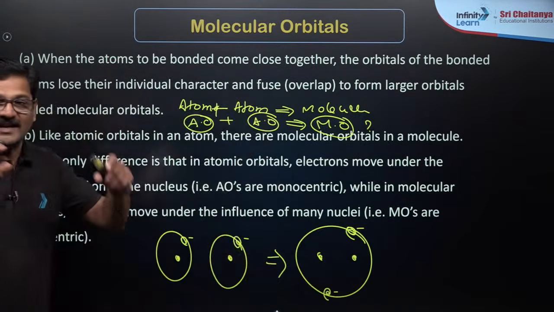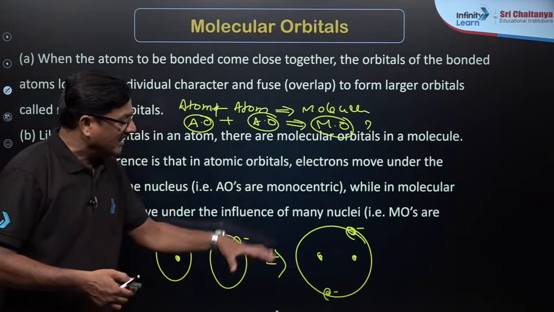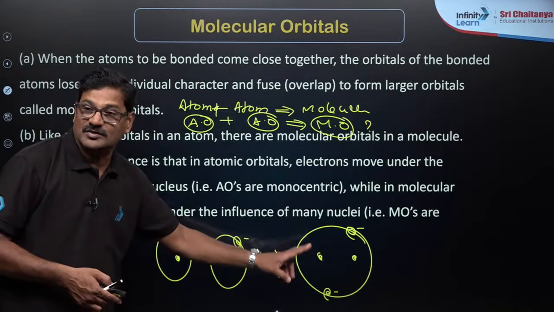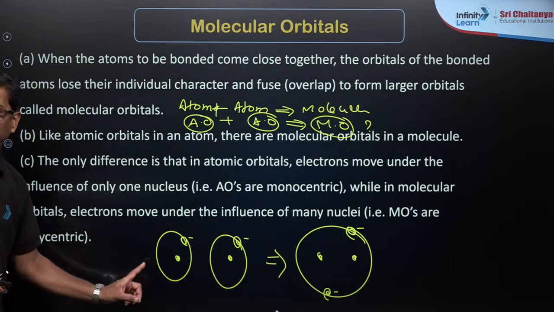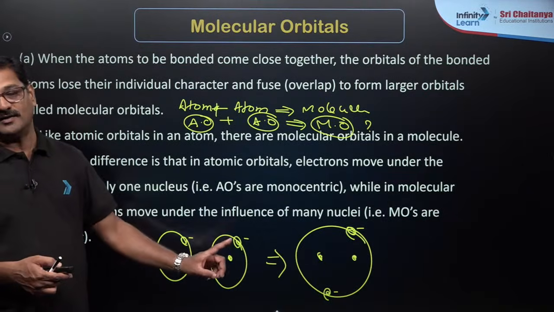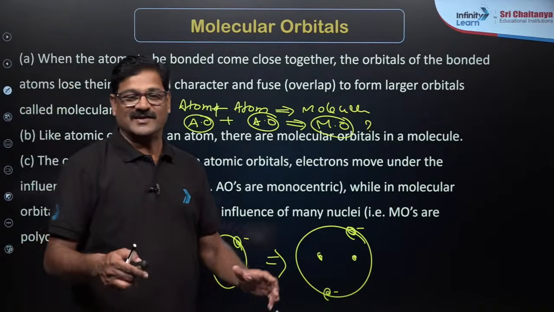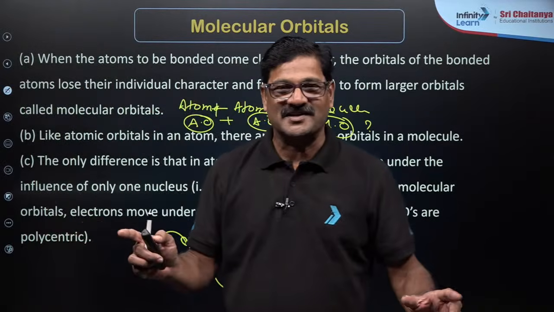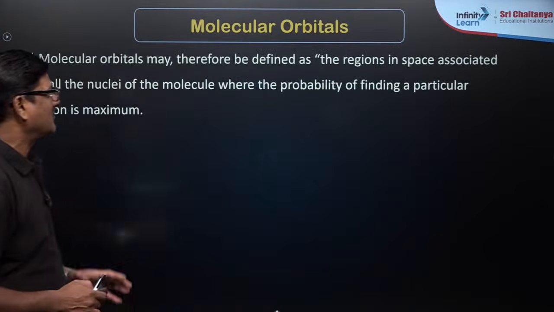So the electrons present in the molecule revolve under the influence of both the bonded atoms. That is, we can say atomic orbitals are monocentric while molecular orbitals are polycentric. Here the term centric indicates the nucleus of the system, right?